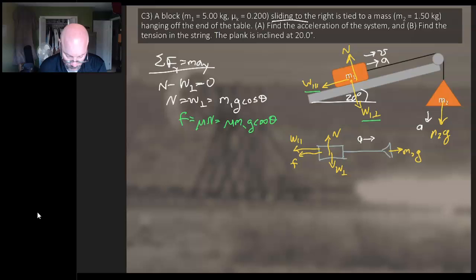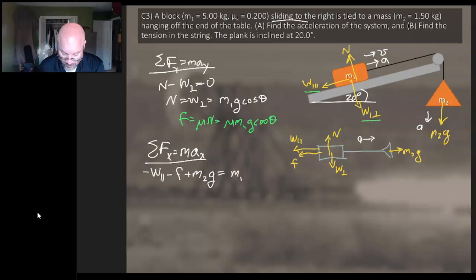ΣFx is max. So now we're going to have minus that parallel component, minus the friction, plus M2G, and that's going to be the total mass M1 plus M2 times the acceleration. Again, we'll skip the ax because we already know it's in the x direction.